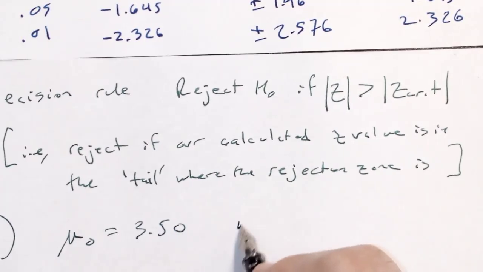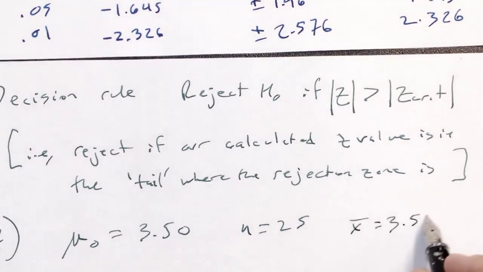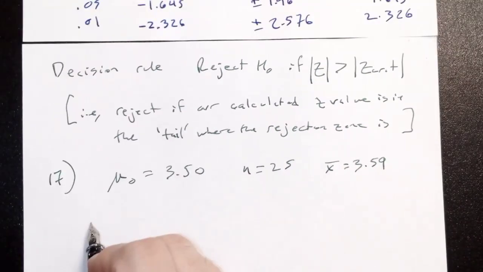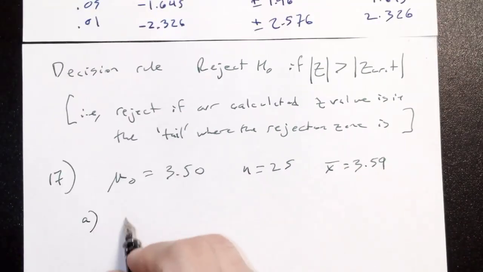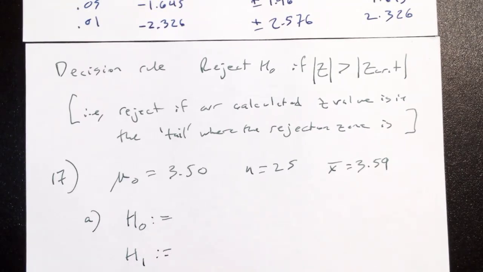I did a sample of 25 bulbs. And my sample calculation was 3.59. I want to know what the null hypothesis is. I want to know what the alternate hypothesis is. If we think it's too high, that's my alternate.